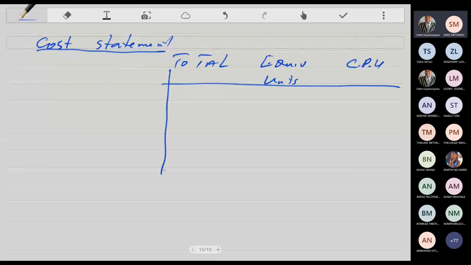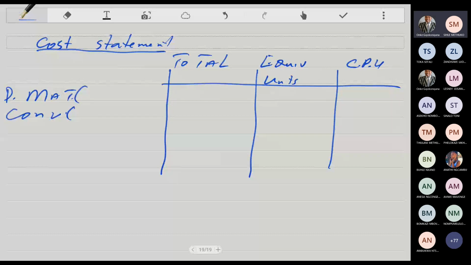We've got the direct material and your conversion cost. Remember, this is a weighted average method, so we are also going to average our cost. We're going to match the cost. So your cost of your opening, we are going to combine it with the cost of the current production. So that's how we are going to do it.